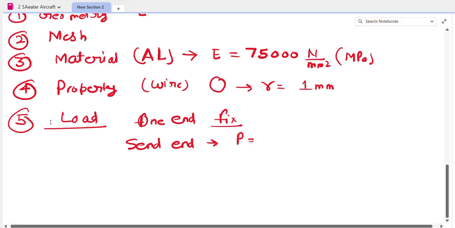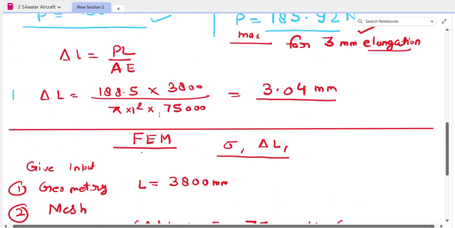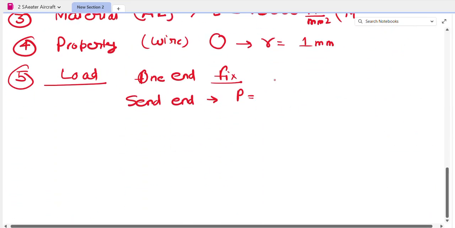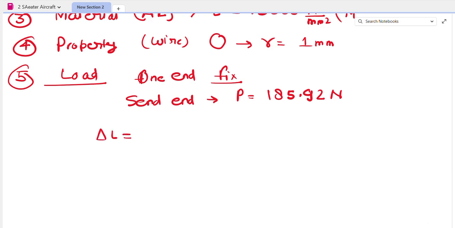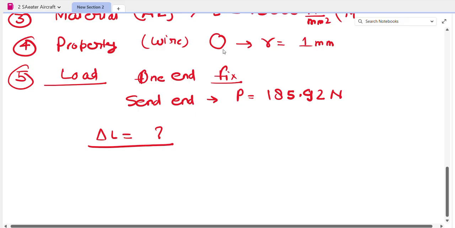P is equal to 185.92 Newton. We are expecting delta L. How much will we get? Let me verify.